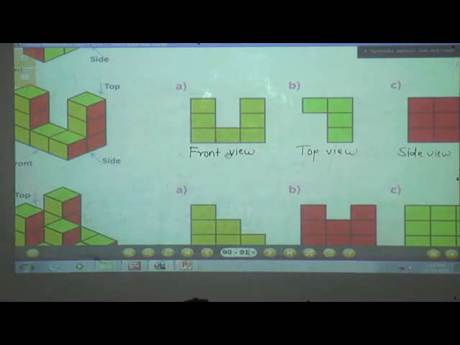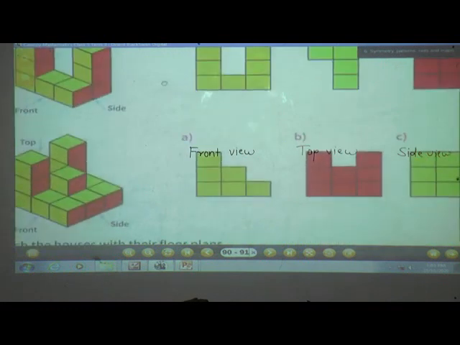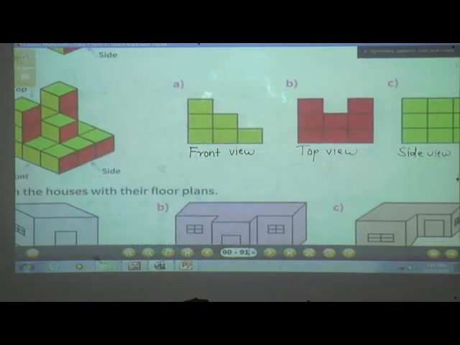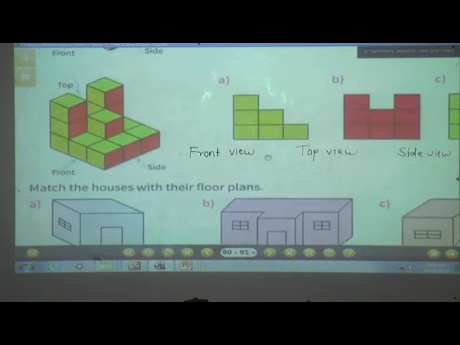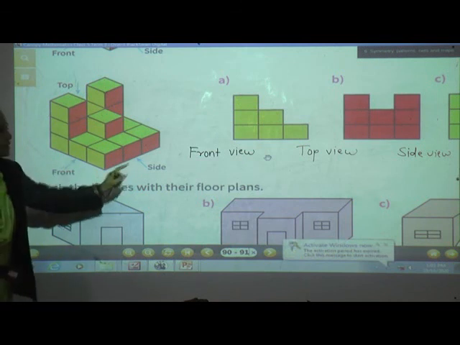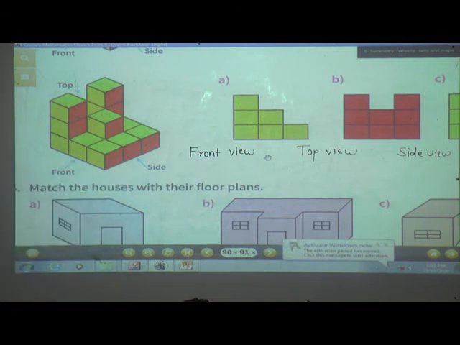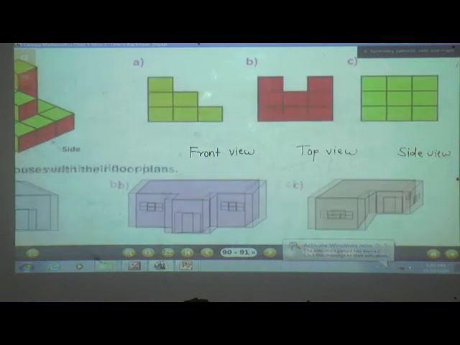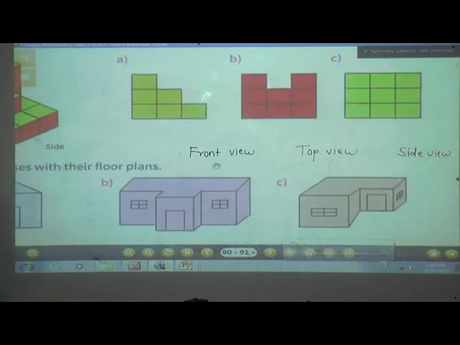Now the next one, here, see the figure. Here is the top view, front view and side view. So write the answer properly, students. A1 is a front view.